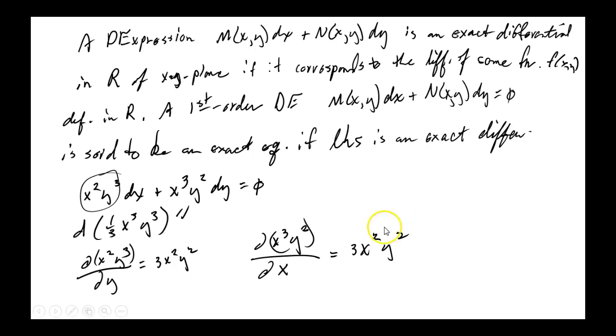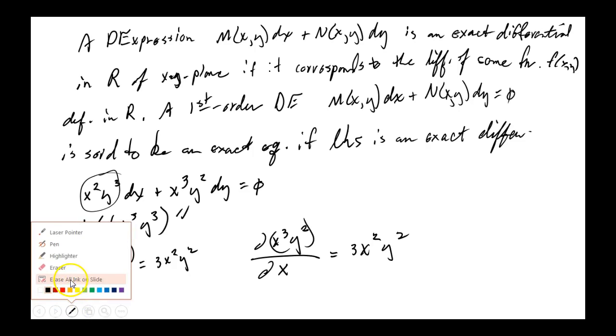And here's what the theorem tells us we can do. Seems like we've set it up to do this, and in a sense we have. If you let m of xy and n of xy be continuous and have continuous first partial derivatives.